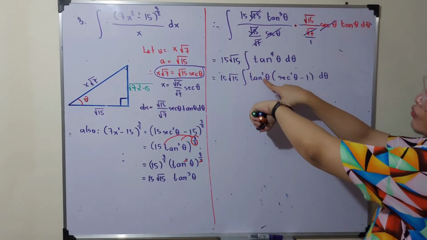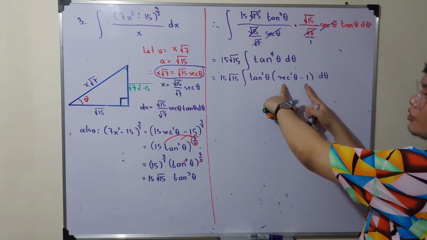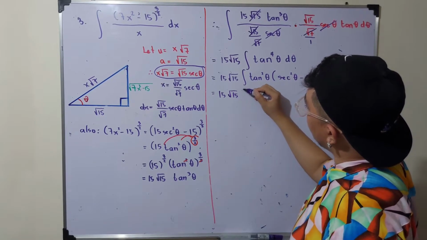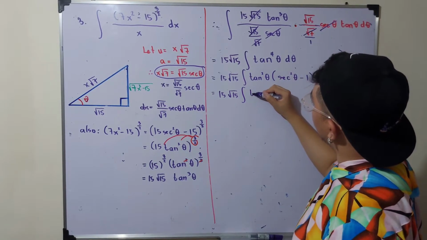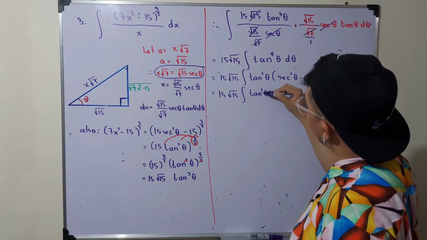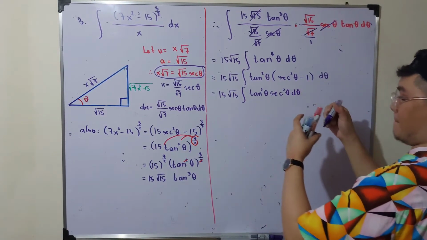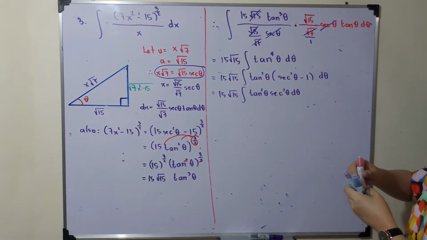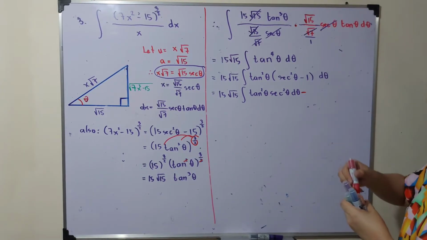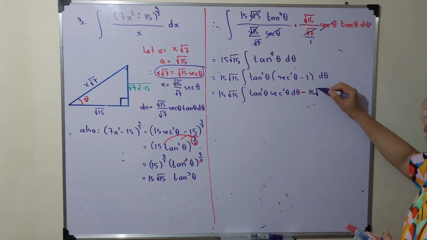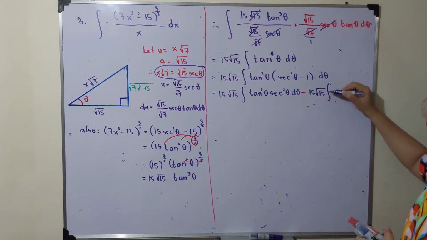Pinaghiwalay natin to tangent squared theta. Ito yung equivalent. So, 15 square root of 15. Distribute. So, we have tangent squared theta secant squared theta d theta. Minus ito, 15 square root of 15. Tapos, we have here tangent squared.